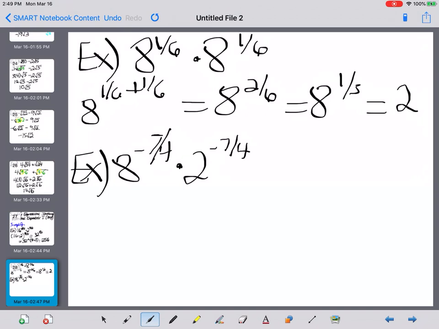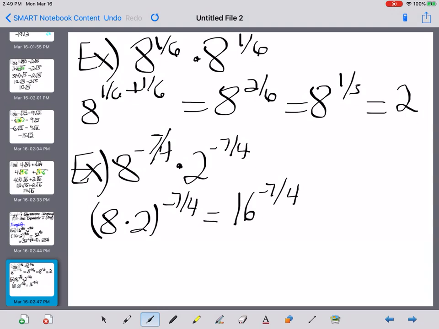So we have our exponent, which is the same, but our bases are not the same. So we're going to do like we just did in the first example, and we're going to group them. So we're going to have 8 times 2, and our exponent is negative 7/4. So that's going to equal 16 to the negative 7/4.